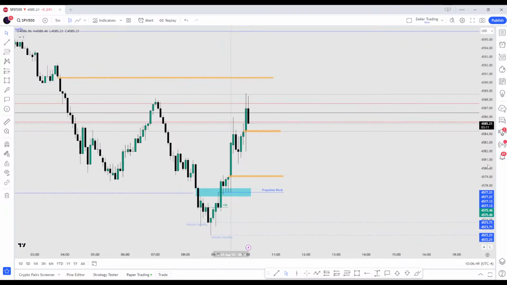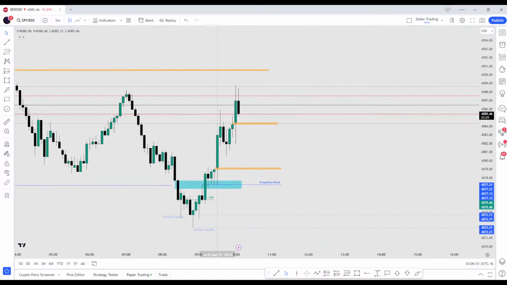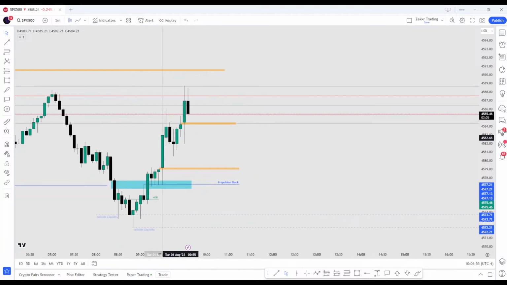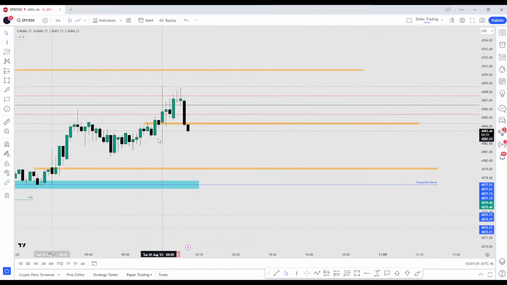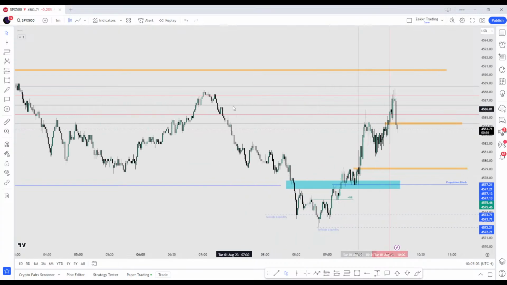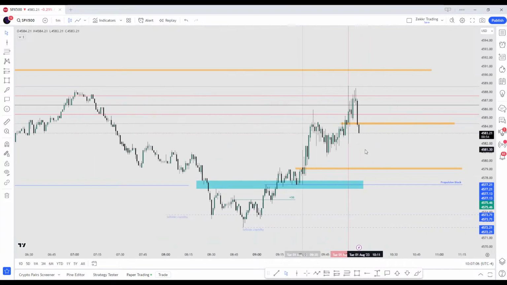So yeah, that is this, and then you should have taken the evolving silver bullet. I mean, what do you mean evolving silver bullet? There's no fair value gaps. There's no entries right here.